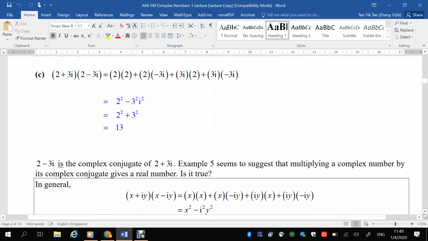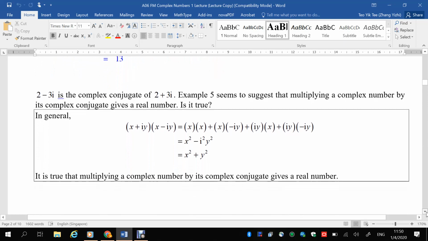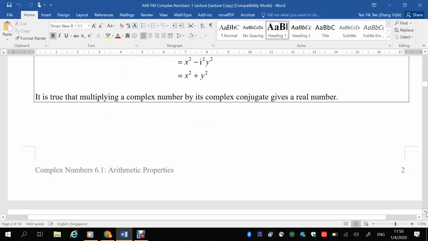We will get 13, right? Yes. But if you want to switch the imaginary part to the front, I cannot stop you. You should be marked as correct. So we can just fast forward to the next part already.